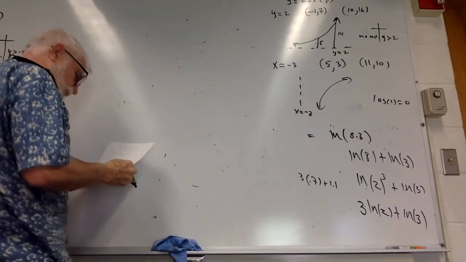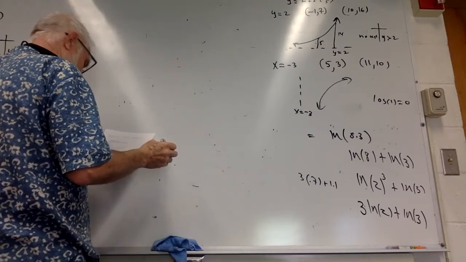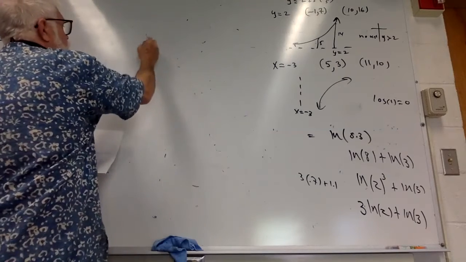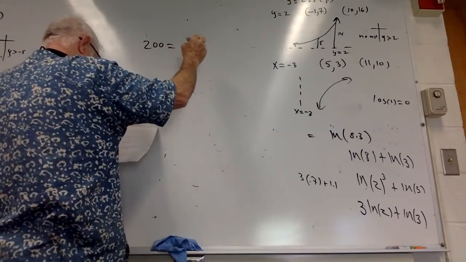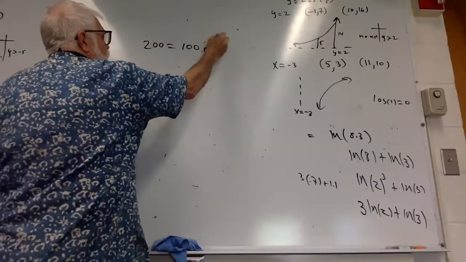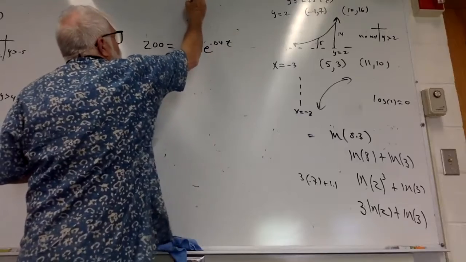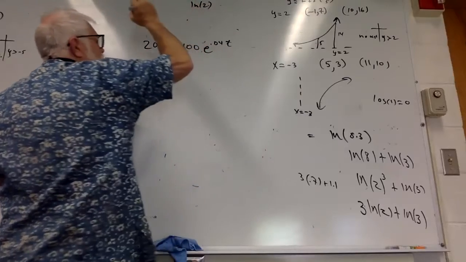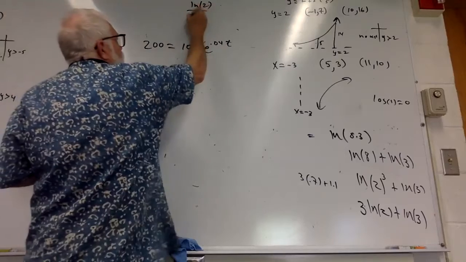If the interest rate is 4% and you invest $100, when will you have $200? So $200 equals 100 at 4%, e to the 0.04t. That's what we're solving. So we know we want to get 200, so that's a doubling exponent on top of e that we need. And we also know it's at 4%.